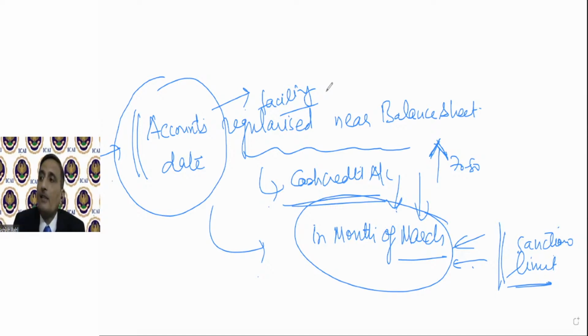So these kind of things the auditor should see, that the credit which has reduced the liability, which was earlier irregular, is a genuine credit. The borrower has brought the money. It is not some kind of adjustment made by the bank management.